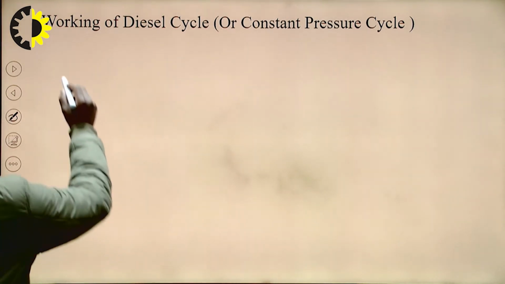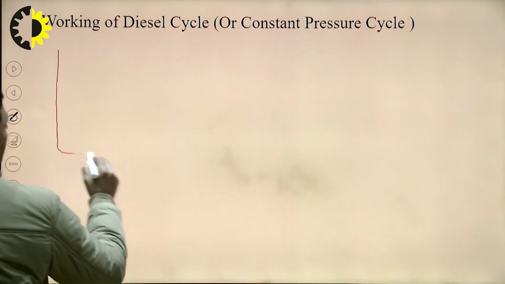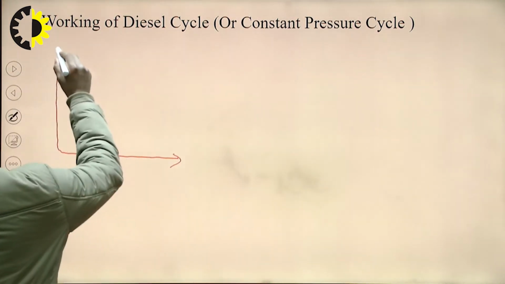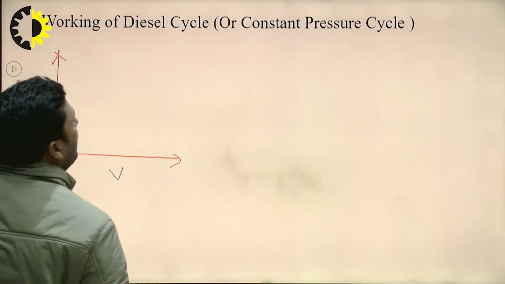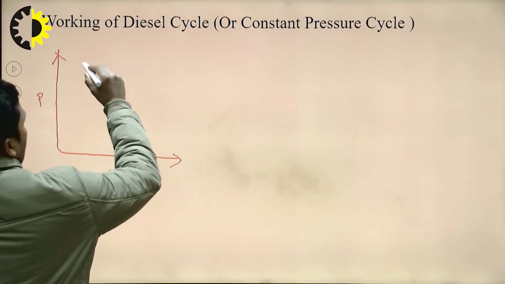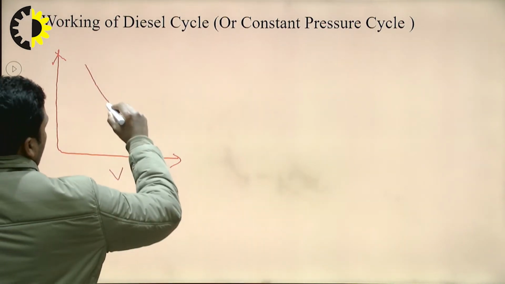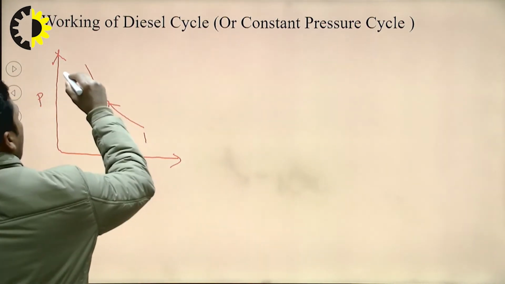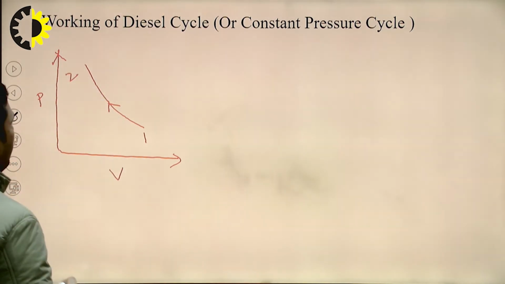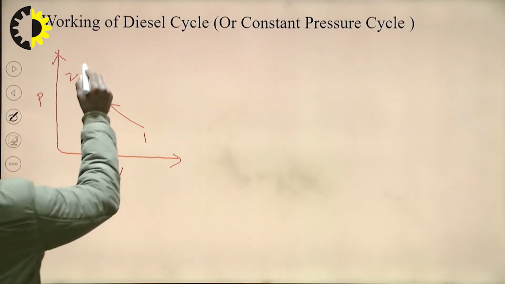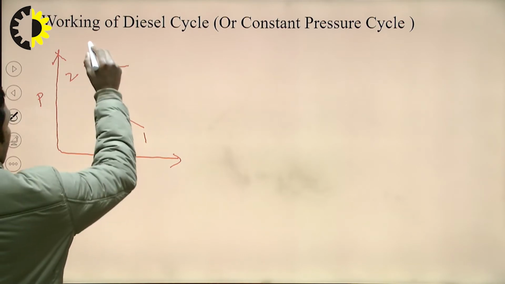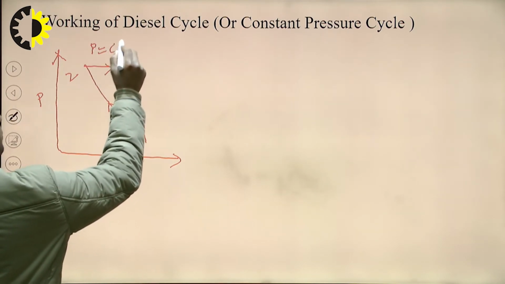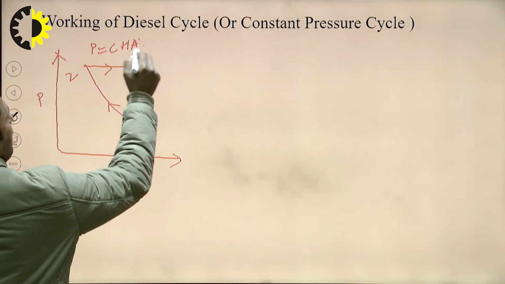So the PV diagram in case of the diesel cycle is: process 1 to 2 is reversible adiabatic or isentropic compression. Process 2 to 3 is the constant pressure heat addition process.